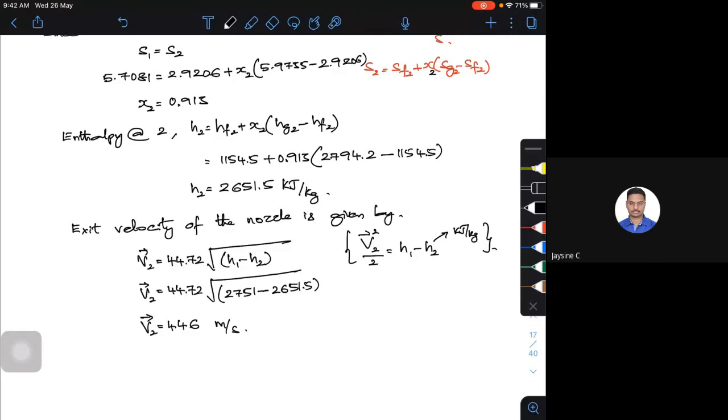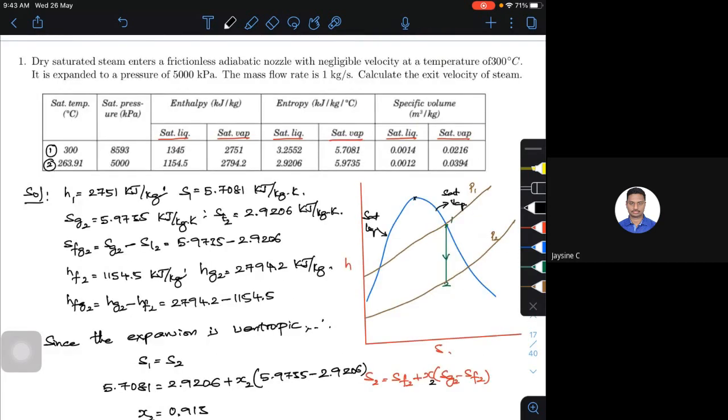Just now we discussed, no? Your diameter, your velocity, rho A V, everything depends on your mass flow rate or discharge. If I increase my mass flow rate, the velocity also should increase. If I change it to 1.2, the velocity will be more than 446, maybe around 500.